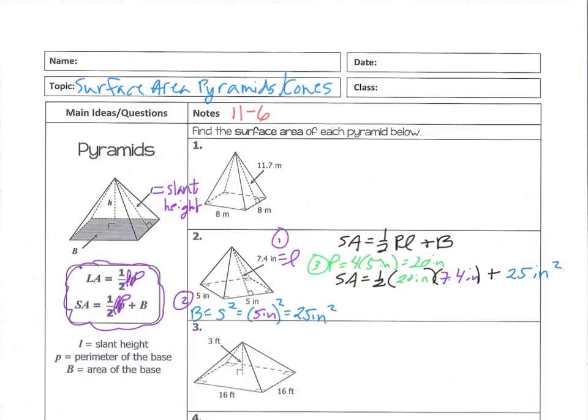So really all you have to do is figure out this part. So take a calculator, 20 times 7.4 equals, divide by 2. What do you get? Did you divide 20 times 7.4 divided by 2? You should get 74.